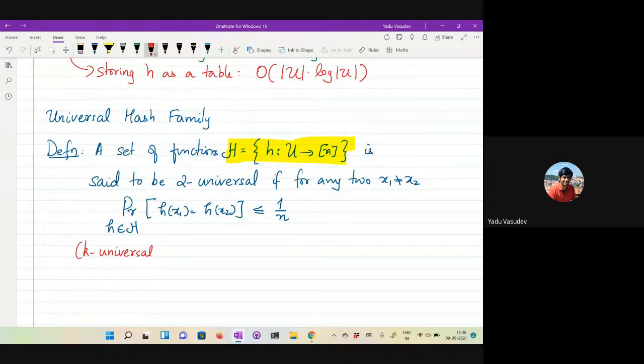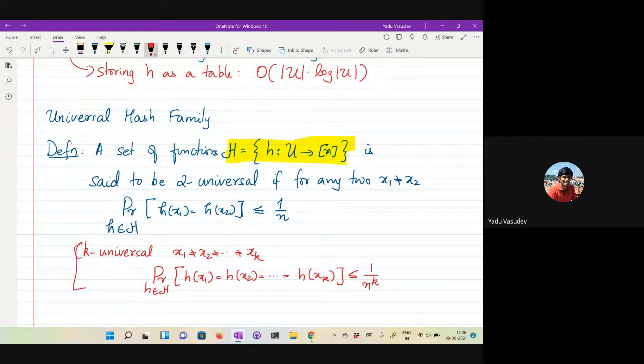K universal would mean that if you had x1 and x2 and so on up to xk, then the probability, when you sample h from the family, that h of x1 is equal to h of x2 and so on, that there is a k-way collision, is at most 1 over n to the k, right? So this is what would be k universal.